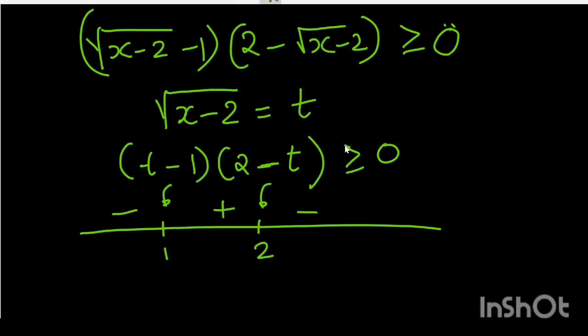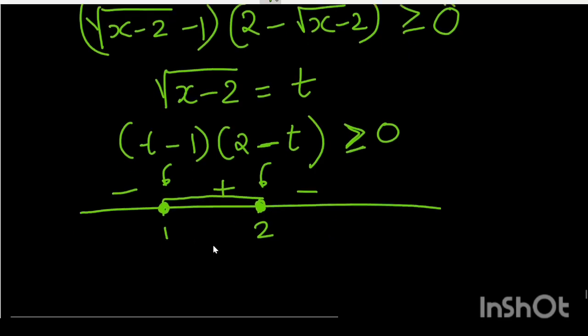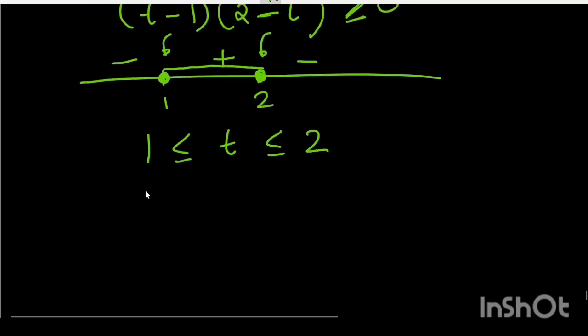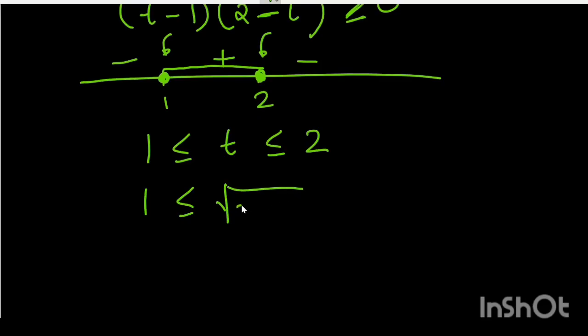Now the question is asking for greater than equal to, so equal to we will mark 2 and mark 1, and then we will join 1 and 2, guys. Okay, so this is t between 1 and 2, guys. Now t between 1 and 2, but t is what? Under root of x minus 2. So that we will write.